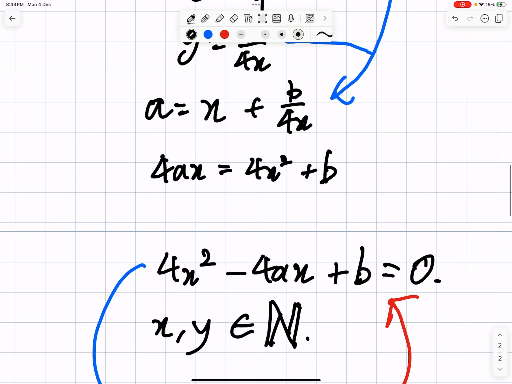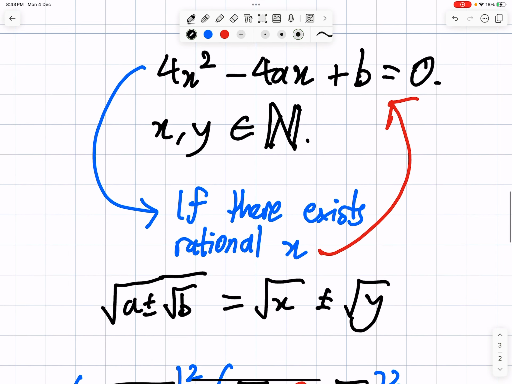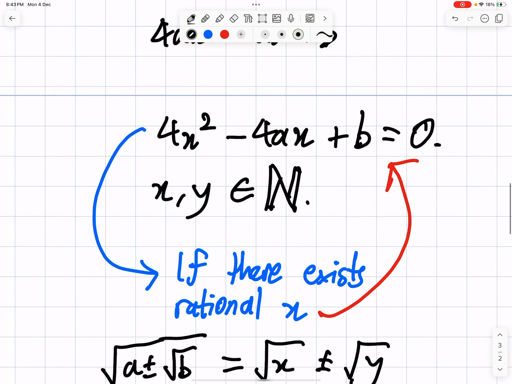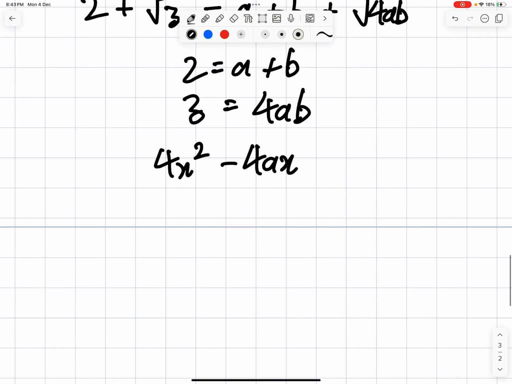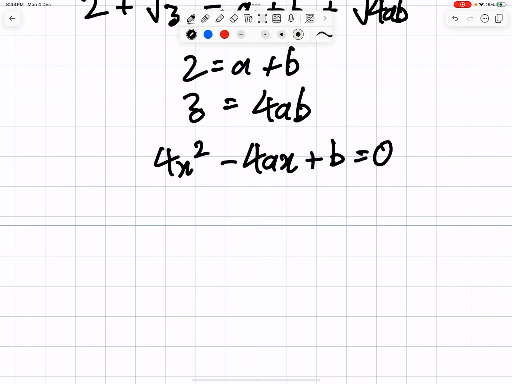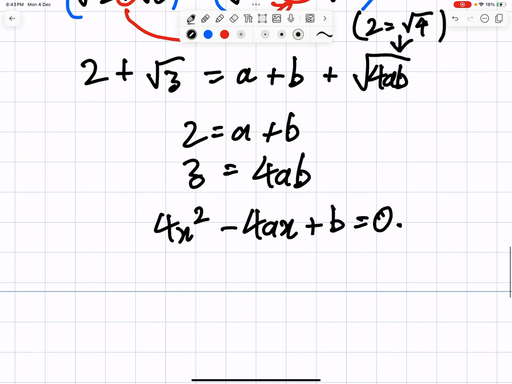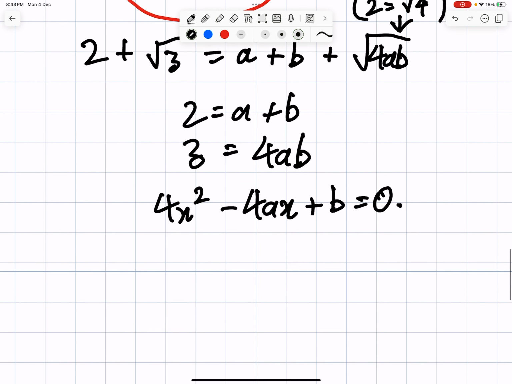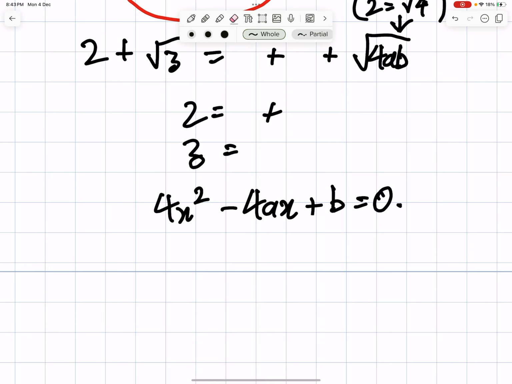Again, by the above, 4x squared minus 4ax plus b equals 0. Let me just change this. This is really bad notation, sorry.